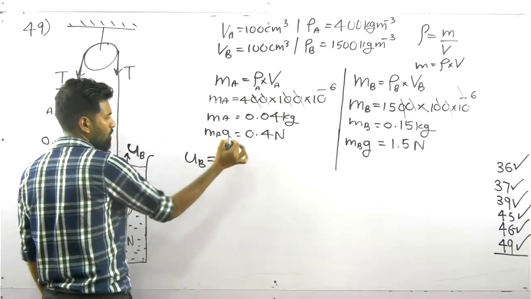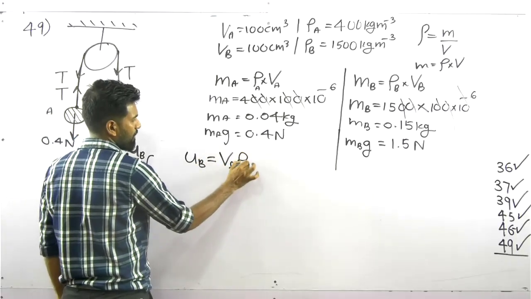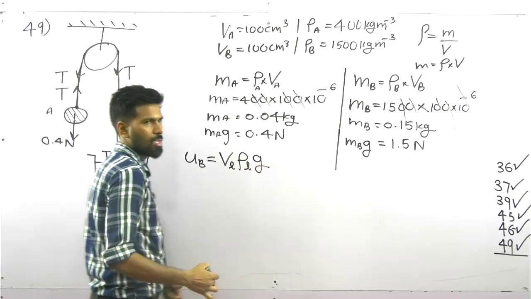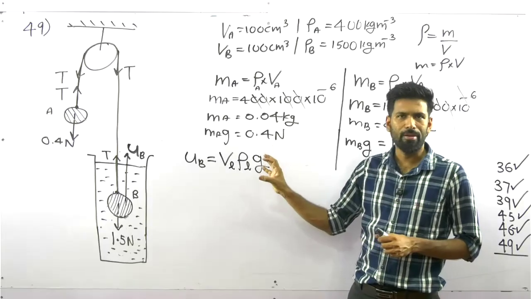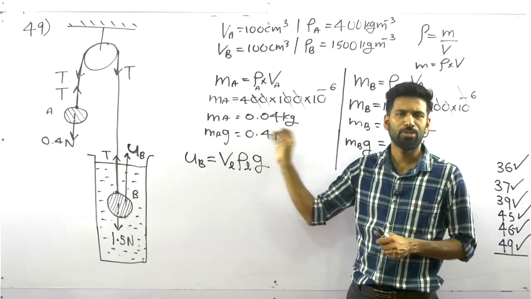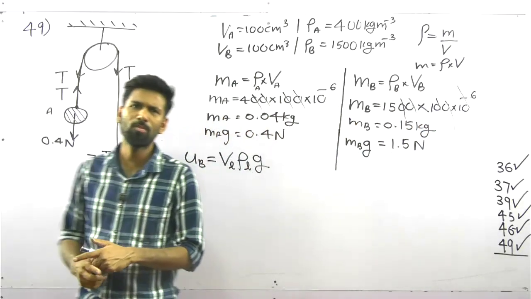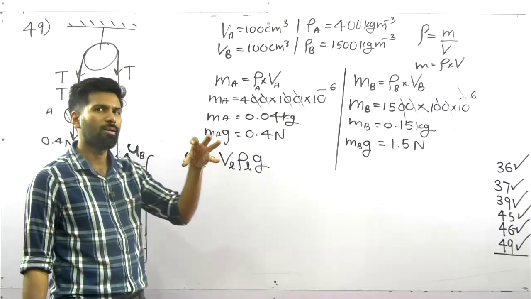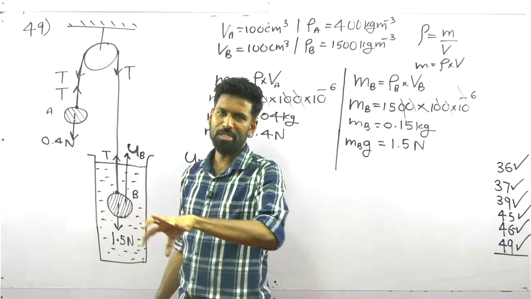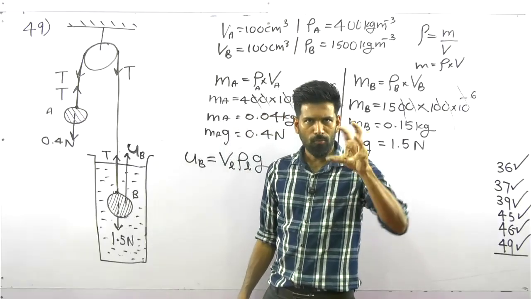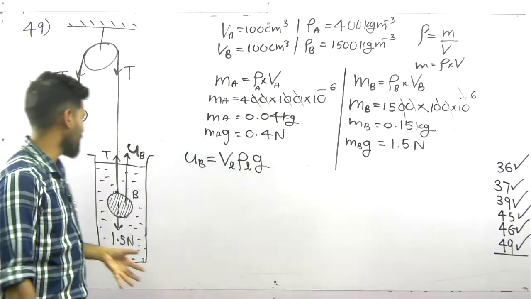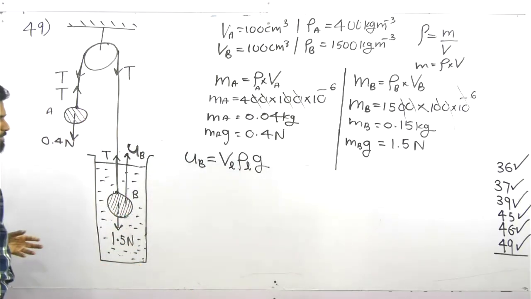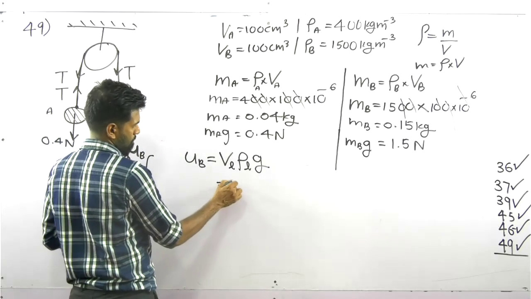Upthrust is equal to the volume inside the liquid times the density of the liquid times g. The volume is the total volume of B, because it is fully inside the liquid, 100 cm cubed.